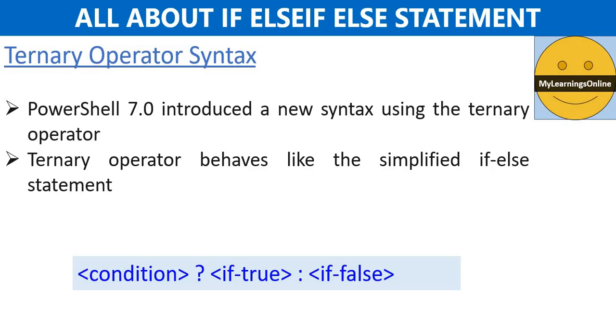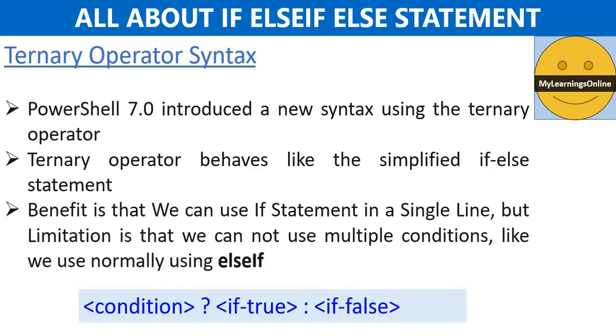The condition expression is evaluated and the result is converted to a boolean value, means true or false, to determine which branch should be evaluated next. The if true expression is executed if the condition expression is true. The if false expression is executed if the condition expression is false.